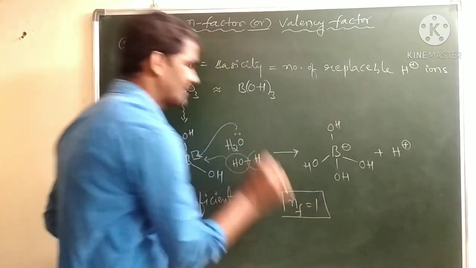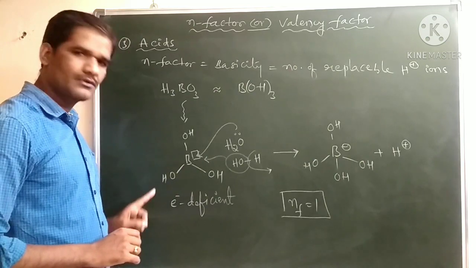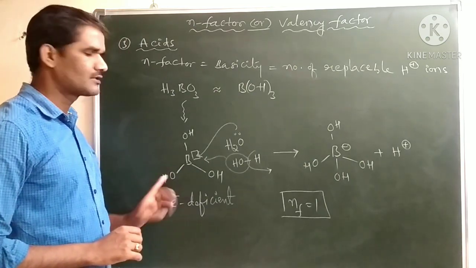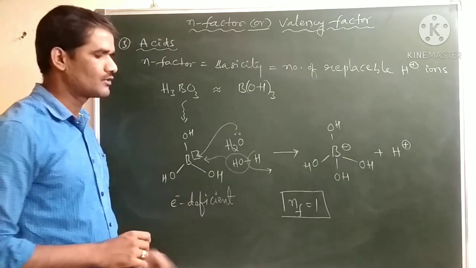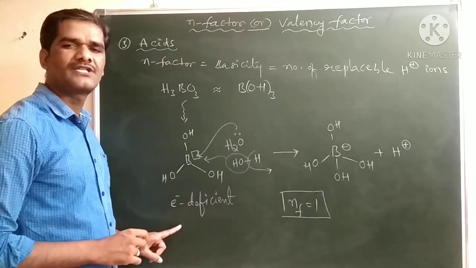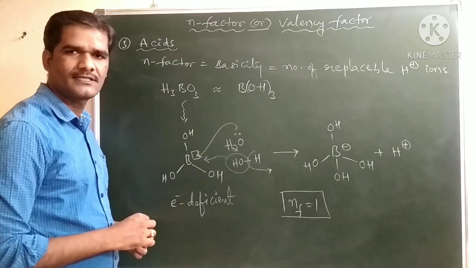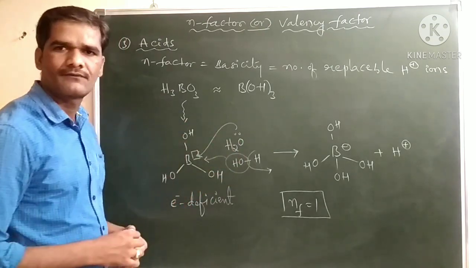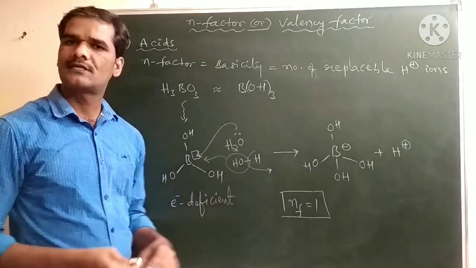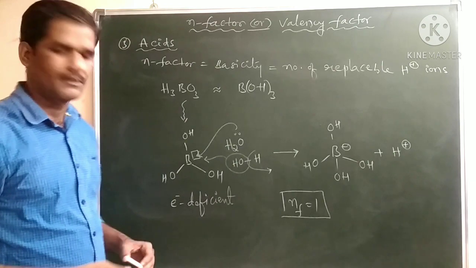It is not 3, even though it has 3 hydrogens attached to the oxygen. The reason is the electron deficient nature of boric acid. Instead of donating H plus ions, it accepts a pair of electrons from the water and releases the H plus ions. So we should keep this point in mind.